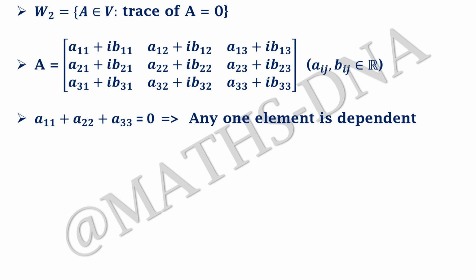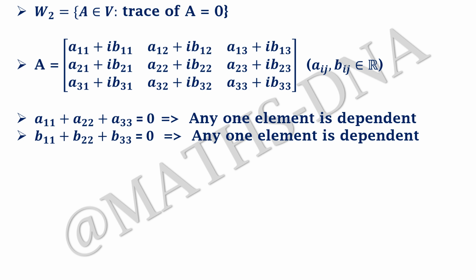You could say A11 equals minus A22 minus A33, which simply means that A11 is dependent on A22 and A33. Similarly, for B11 plus B22 plus B33, any one of the elements will be dependent. So we found two elements to be dependent, and this gives us the dimension of W2, that is 18 minus 2, and that is equal to 16.